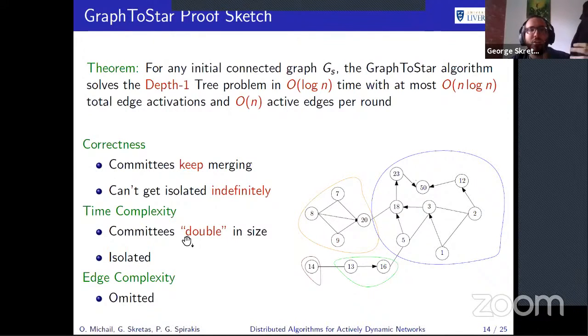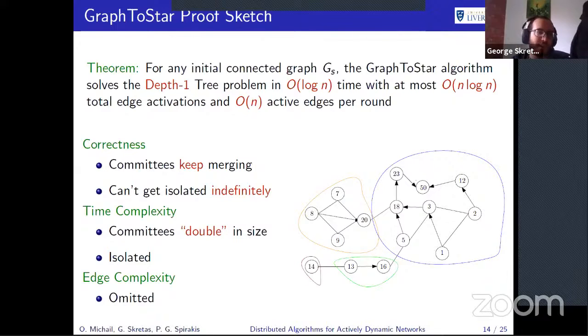So committees almost double in size, and this is why after big O of log n phases, we will have only one committee left. And we show that the isolated committees only add a constant reduction in the growth that the committees have.